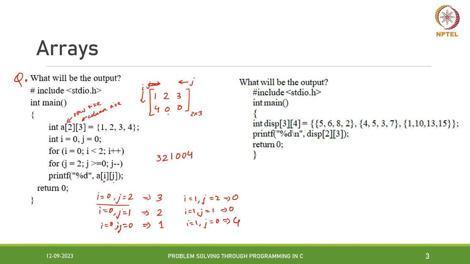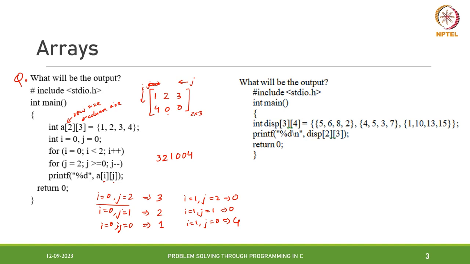The difference is that if you initialize only with the single curly braces, without specifying what exactly constitutes your first row and second row and so on, then it will automatically divide it in row major form.